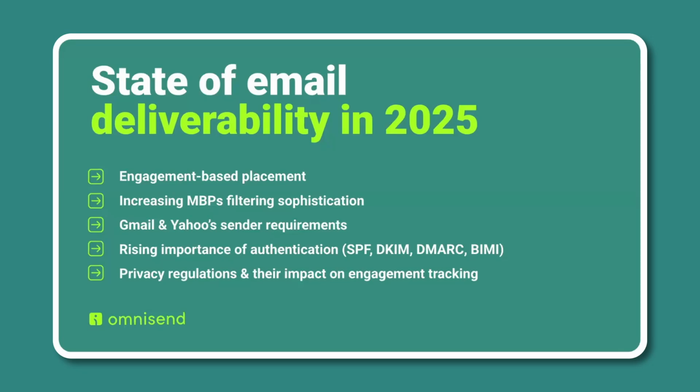And the other important part is that you always need to aim for below 0.3% spam rate. 0.1% is actually the recommended rate by Gmail and Yahoo, but the maximum allowed threshold is 0.3%.